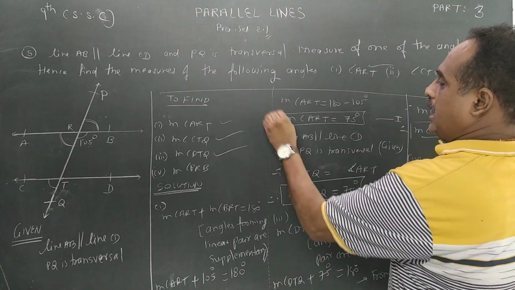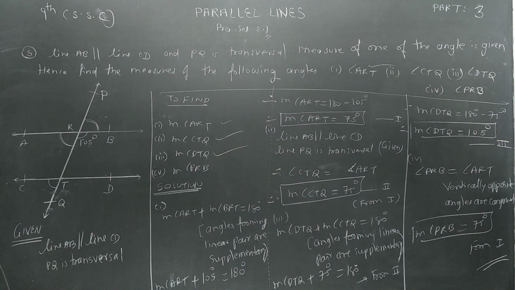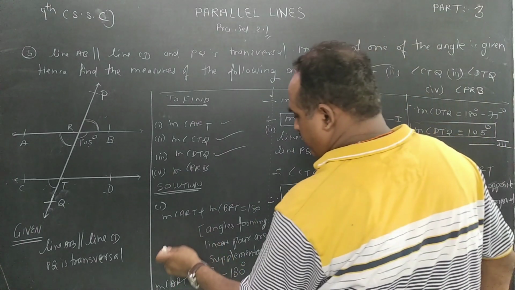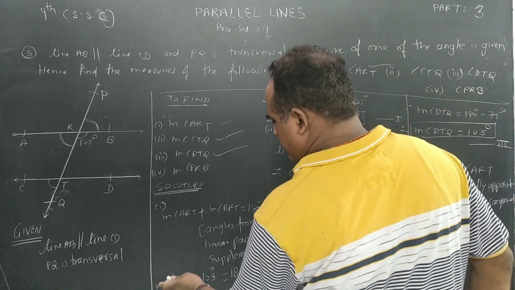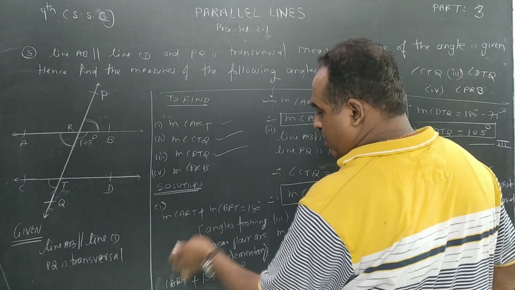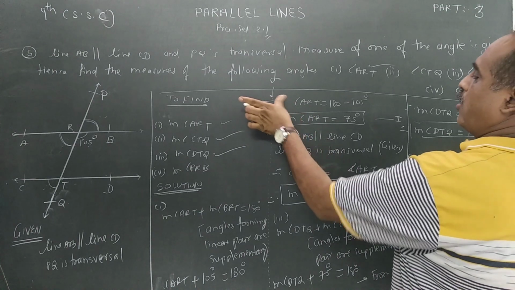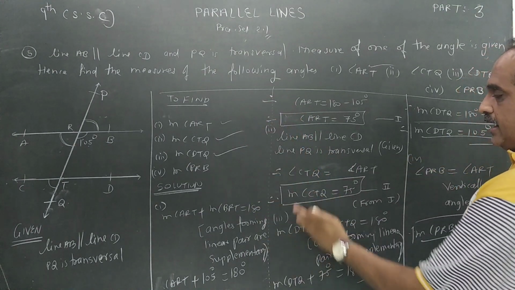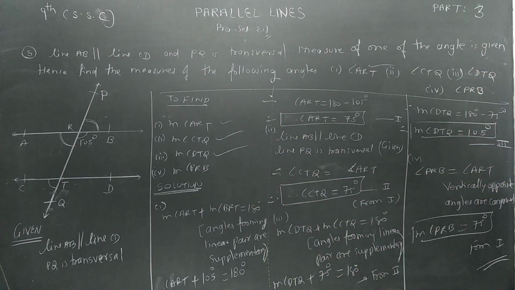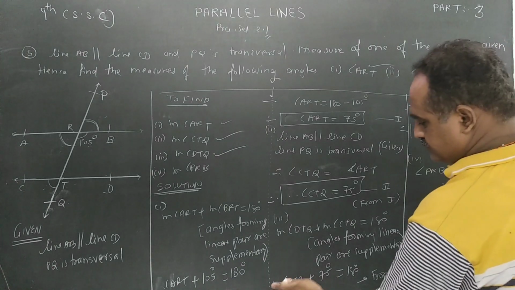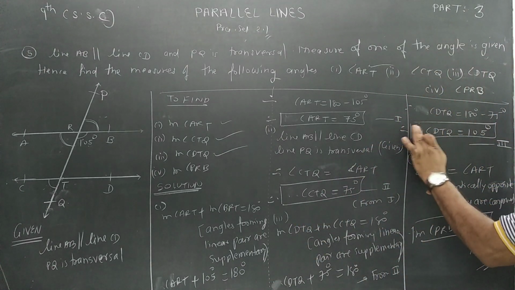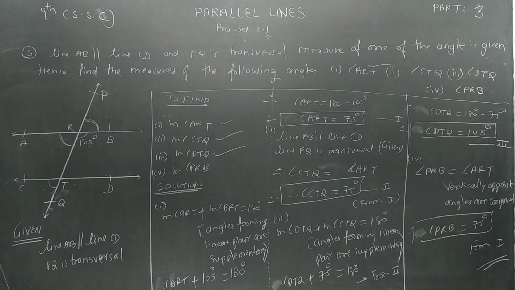In some places I have written measure of R. That is also okay. Don't worry about that. Here I have not written it. Nowadays it is allowed. So if you are not writing like this, that is also okay. Have you understood this? So measure of angle PRB is equal to how much? 75 degrees. This is the answer for your last question.